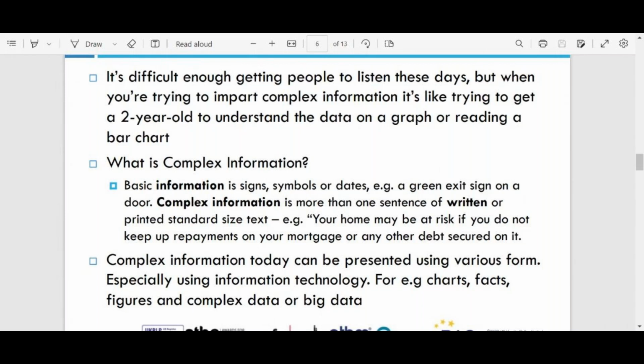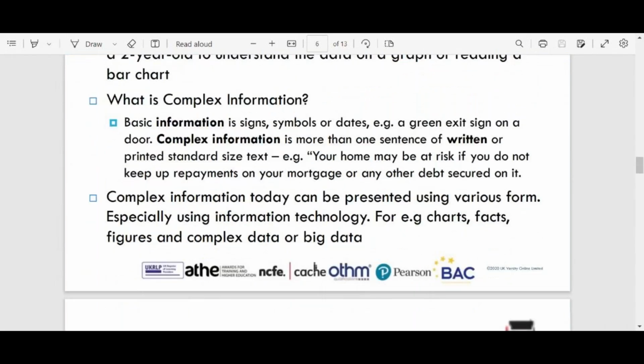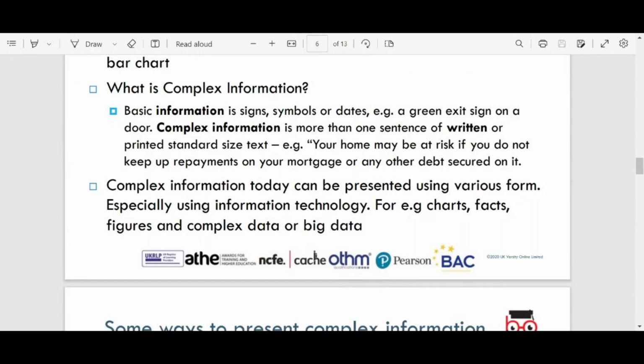Complex information is more than one sentence of written or printed standard size text. For example, your home may be at risk if you do not keep up with repayments on your mortgage or any other debt secured on it. Complex information today can be presented in various forms, especially using information technologies, for example charts, facts, and complex data or big data.